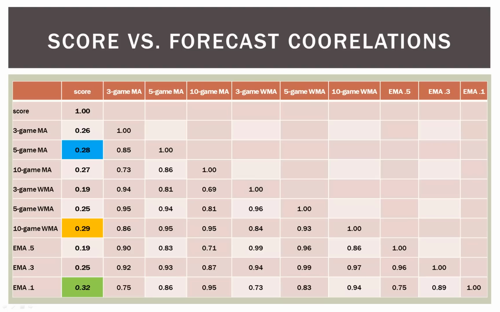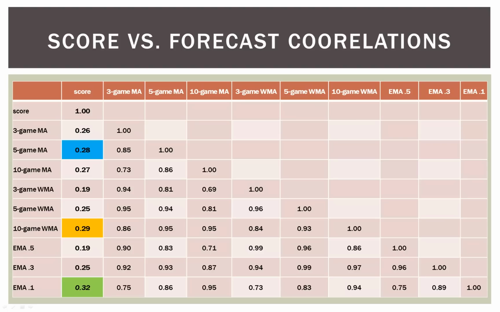So we're correlating our forecasted values of EMA 0.1 to the actual score, and that has a positive correlation of 0.32. Now if you know anything about statistics, while that's a positive correlation, that is not spectacular. A more impressive correlation would have been around 0.6, 0.7, 0.8. So that just emphasizes my point from the previous slide that even though the EMA with an alpha of 0.1 is our highest, it still isn't that great.